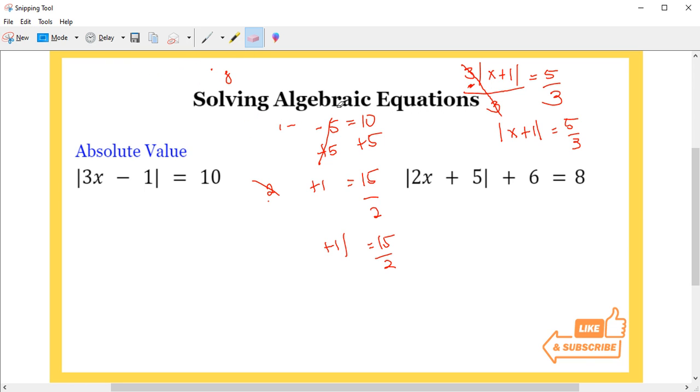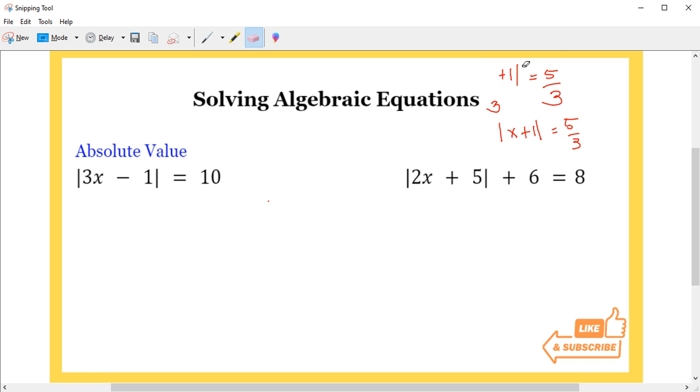My first question is: is it already set up the way it should be? Meaning, do you have the absolute value on one side and everything else on the other side? Well, the answer is yes, because you have the absolute value and nothing else outside of your absolute value symbols. Since this is already set up, what you've got to do is separate this into two parts of an equation.